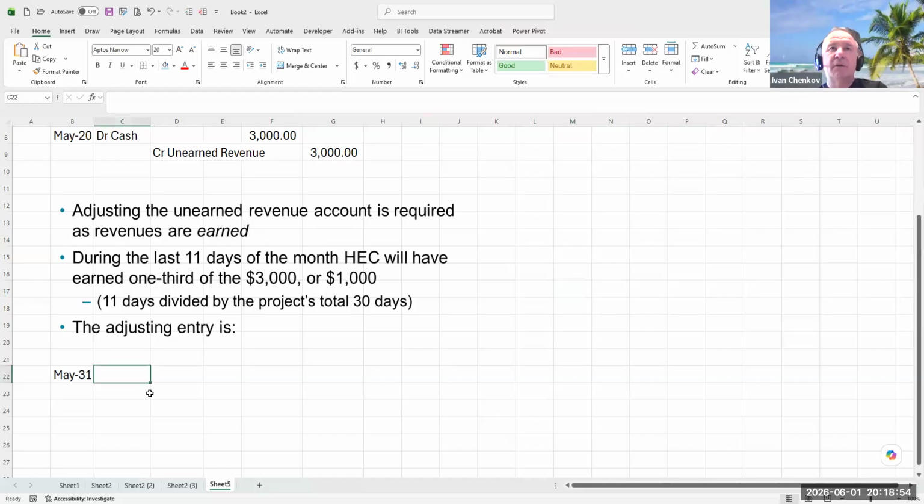What will be our journal entry? Now we have to move the unearned revenue into the revenue. How can I do that? Debit. Which account do I have to debit?